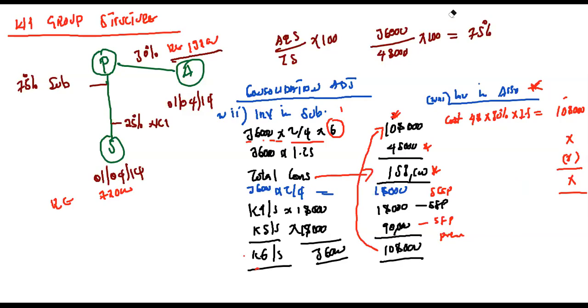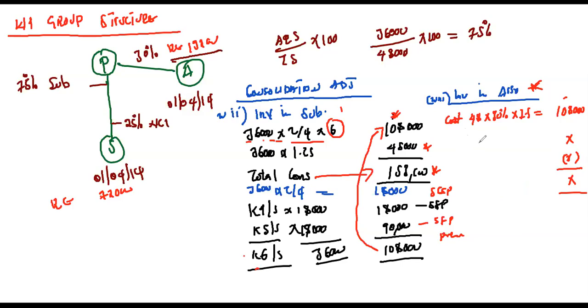So what do we say? What was their profit? Their profit was 60,000. Have you seen that? From that 60,000, we control 30%.